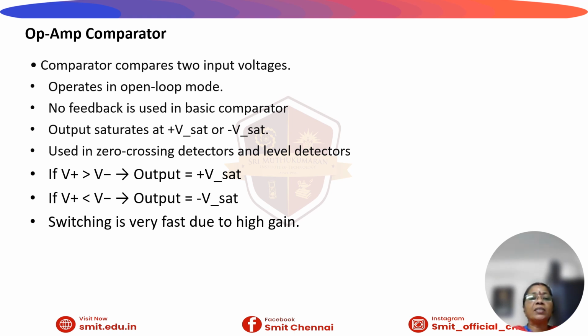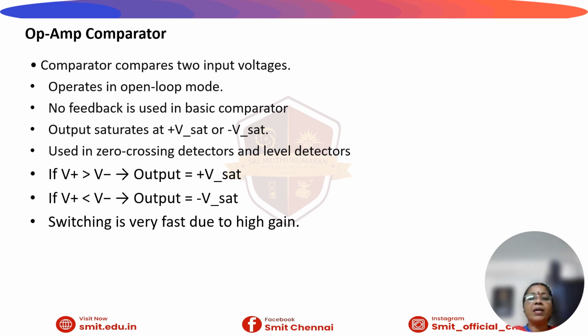The output saturates to plus Vsat or minus Vsat of the power supply voltage. The main applications of the op-amp comparator are zero crossing detectors and level detectors. If V plus is greater than V minus, output is plus Vsat.